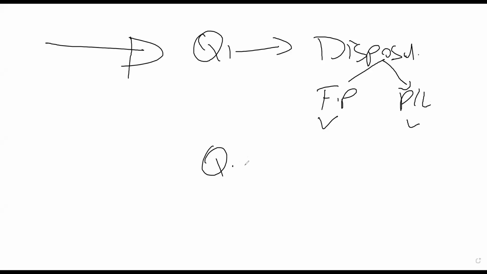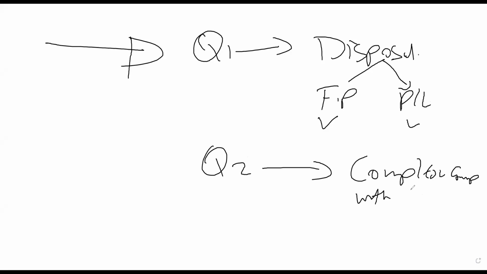Then question 2 is what we are doing now: complex group structure, complex group with step acquisition. It's a balance sheet, the financial position.